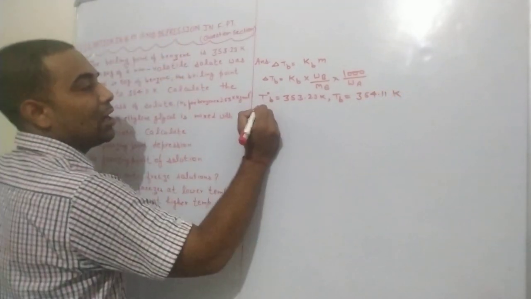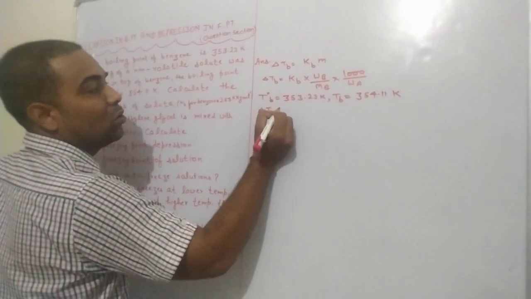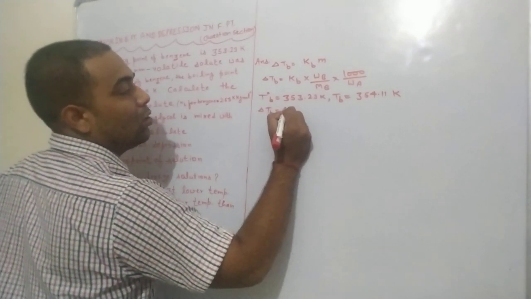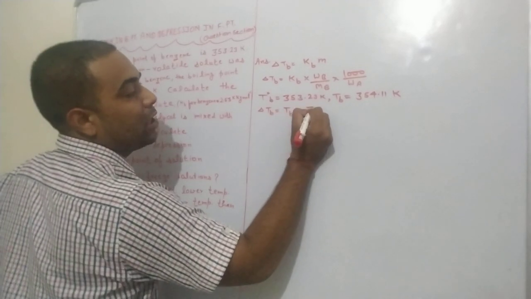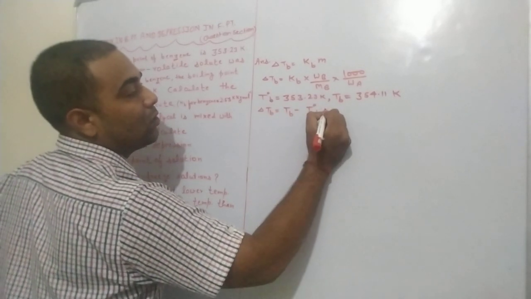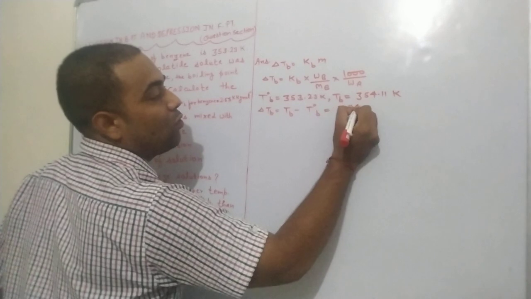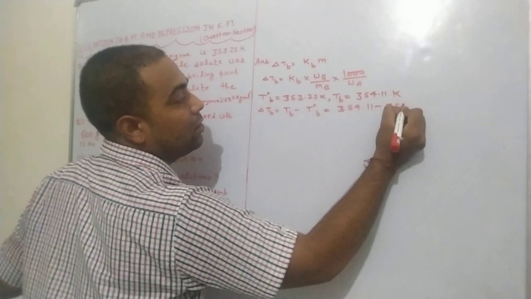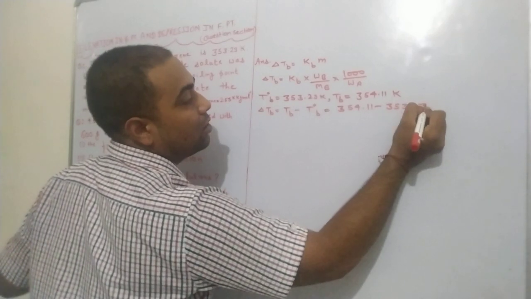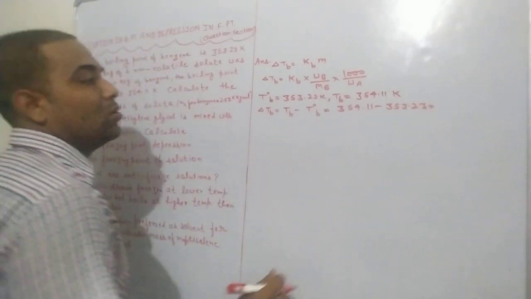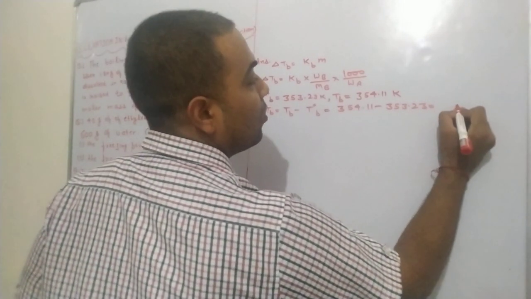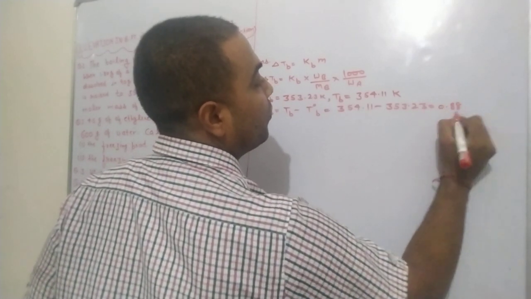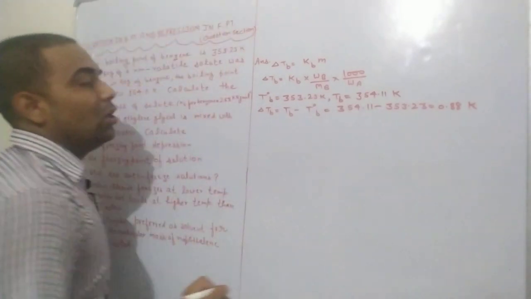So from here we can calculate the value of delta Tb, because delta Tb is equal to Tb minus T naught b. It is 354.11 minus 353.23. So what we will have is 0.88, that will be our value of delta Tb.